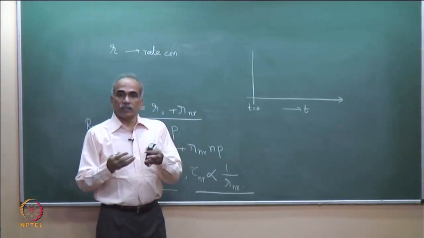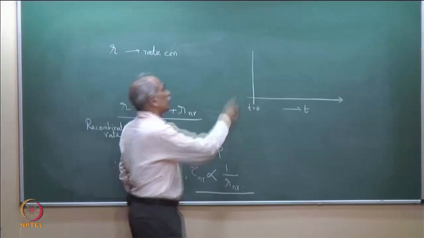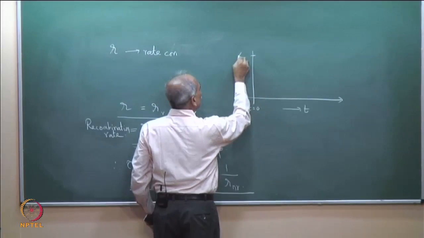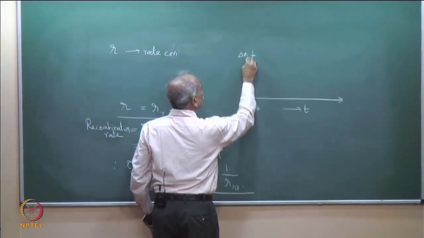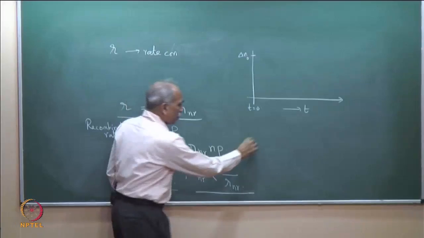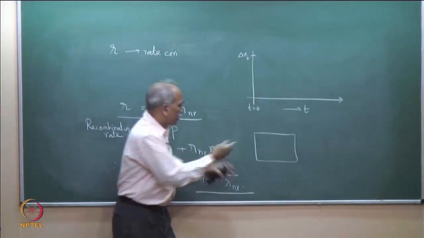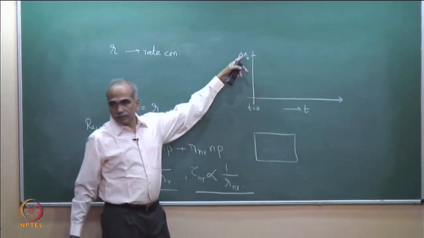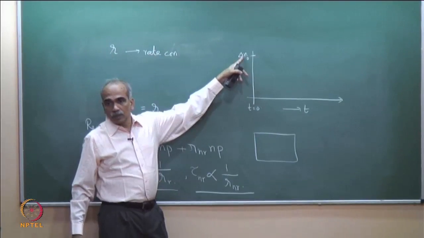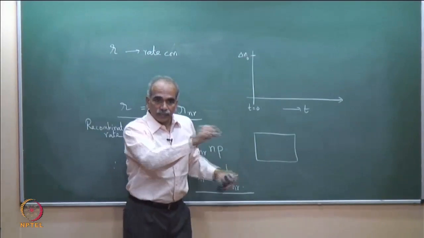If you inject a certain carrier concentration delta n0 here, that is, you have a material. In this, let us say a burst of light has created delta n0 and delta p0, and it is only instantaneous, like an impulse.